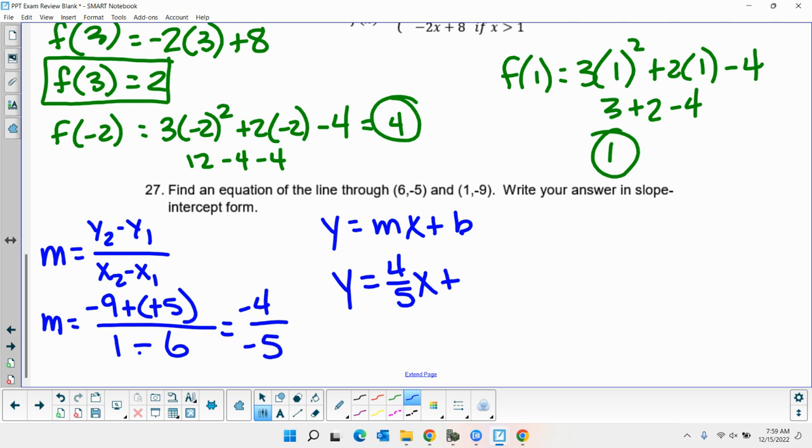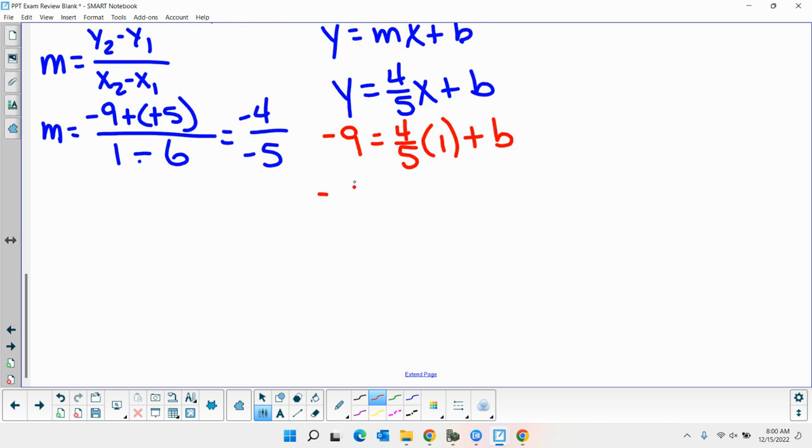So I know m now. Now I got to figure out the b. All right? To figure out the b, I plug one of the points in for x and y. I'm going to pick this one. Doesn't matter which one you pick. Either one's fine. So I put -9 in for y and 1 in for x, and I figure out what b is then.